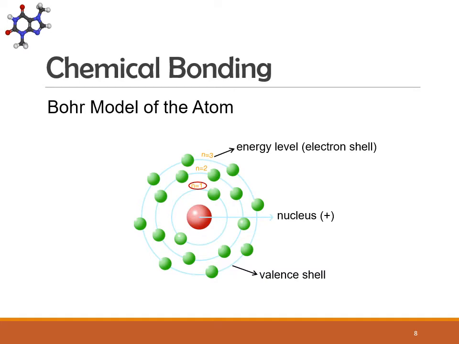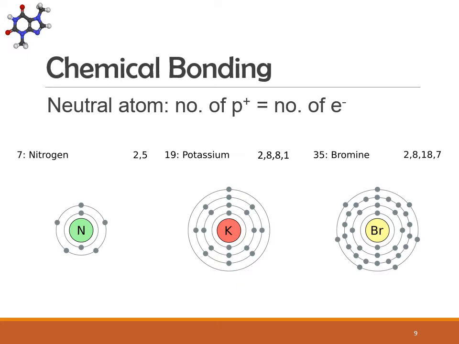The outermost shell of an atom is called the valence shell, and the electrons in this shell are referred to as valence electrons. The valence shell can contain up to 8 electrons only. Valence electrons are the ones that form chemical bonds. Thus, they largely determine an element's chemical properties and reactivity.